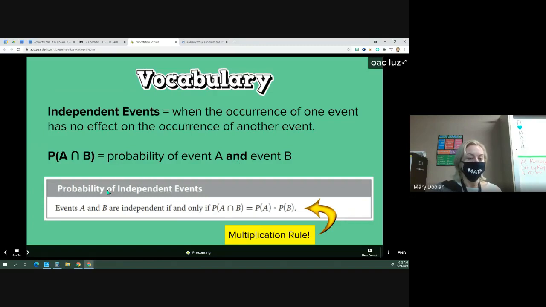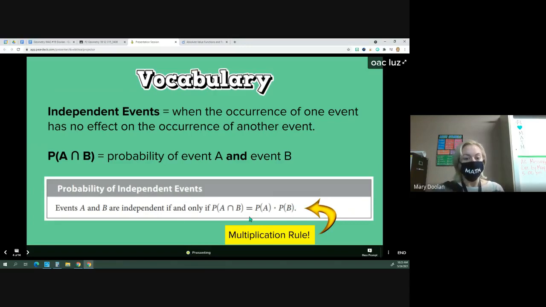All right, so if you're trying to find the probability of events that are independent, this is the formula. It's the multiplication rule. The probability of event A happening and event B happening is equal to the probability of event A happening multiplied by the probability of event B happening.